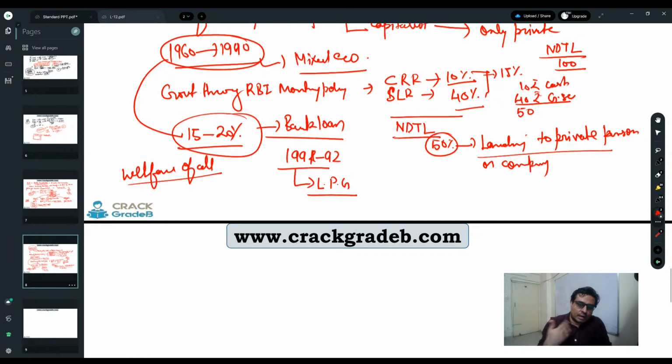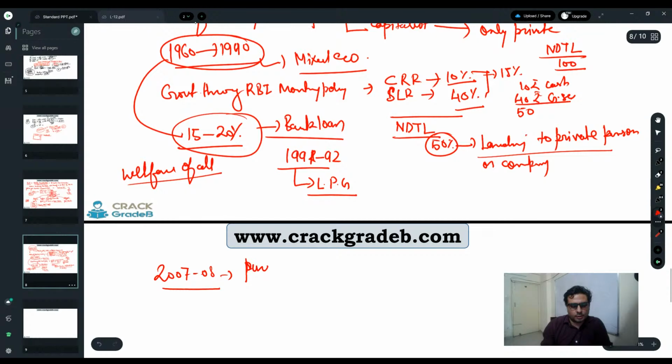The nature of the Indian economy in 2007-8 was kind of a pure mixed economy.